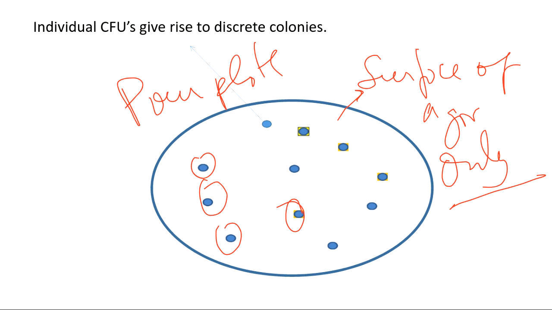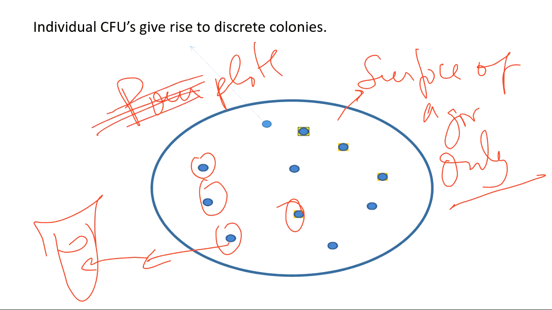You could actually pick one up and make a pure culture if you wanted to. So it allows you to count and separate. Oh, I didn't say that. I'm sorry. So you have to be careful with the name. This is a spread plate. See how easy it is to get them mixed up? Okay, so the spread is the one in which you're only spreading them on the surface of the agar.